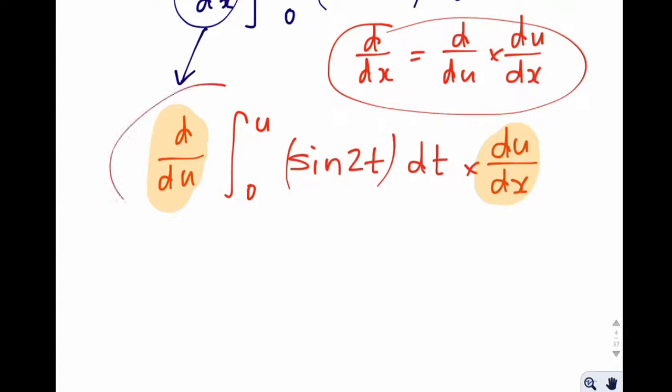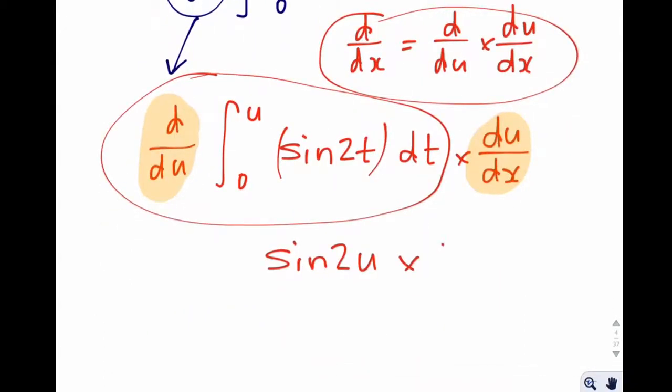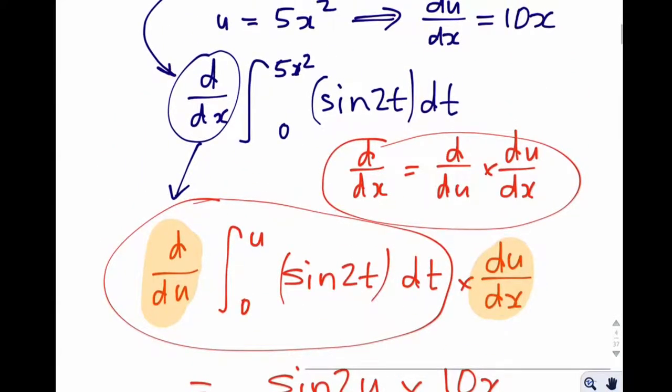So let's do it now. This part here, we know from the fundamental theorem that that is just going to be sine of 2u. It's no longer a function of t, it's now a function of u, but we also have to replace du dx, which we know from up here is 10x. And we know u is 5x squared.